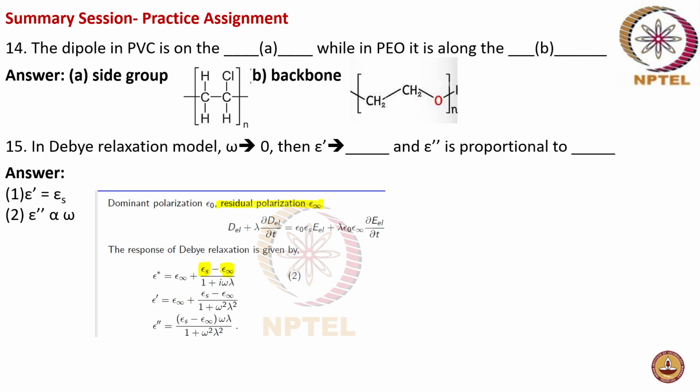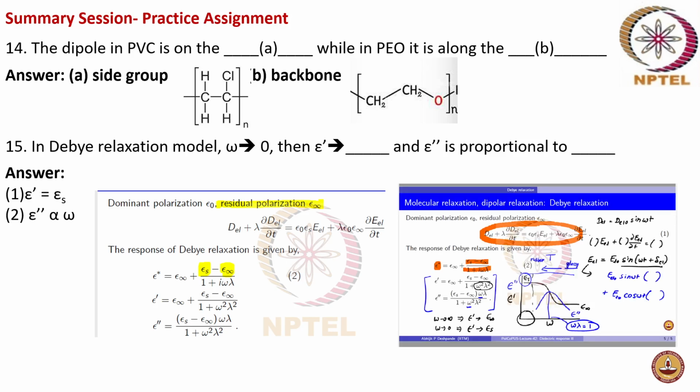Your epsilon double prime has 1 in the denominator, so it is directly proportional to omega.